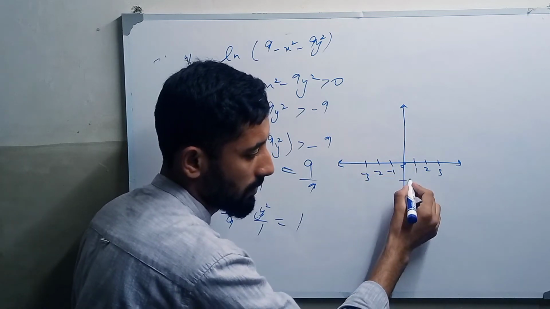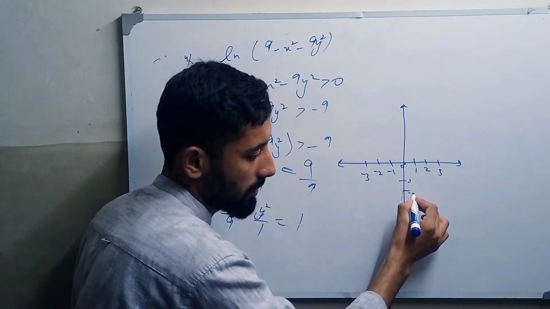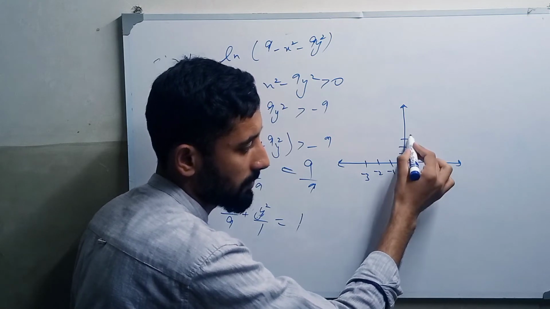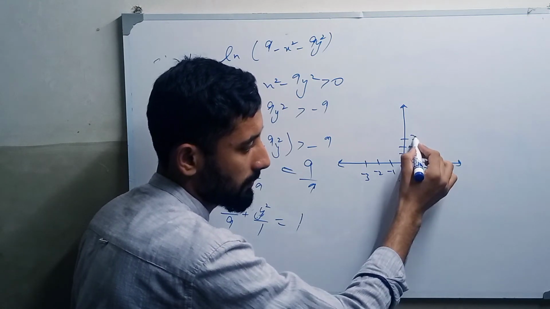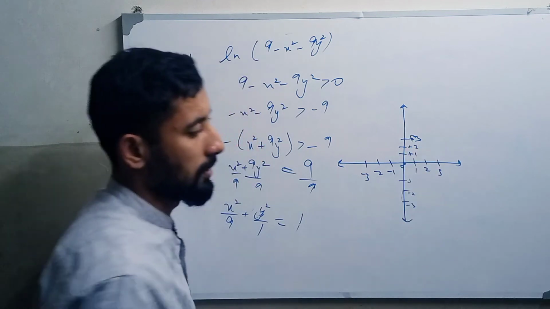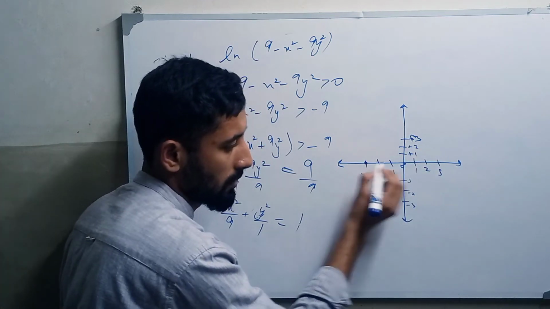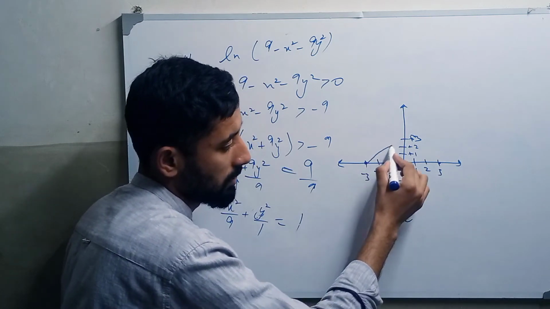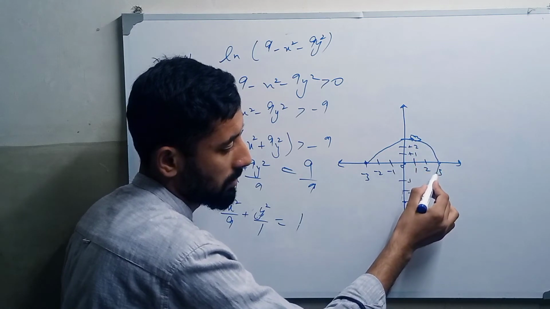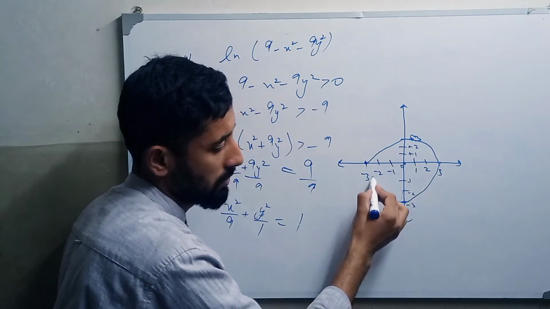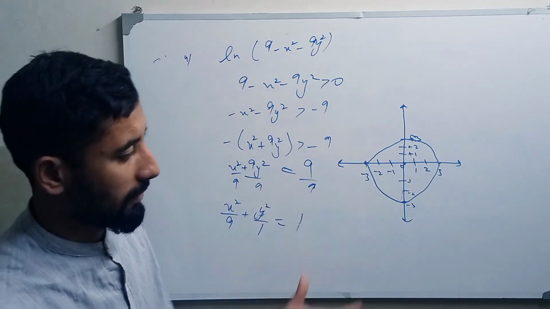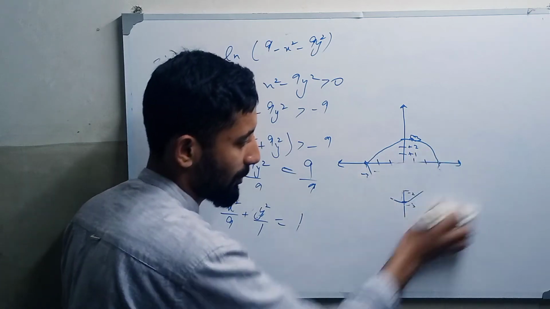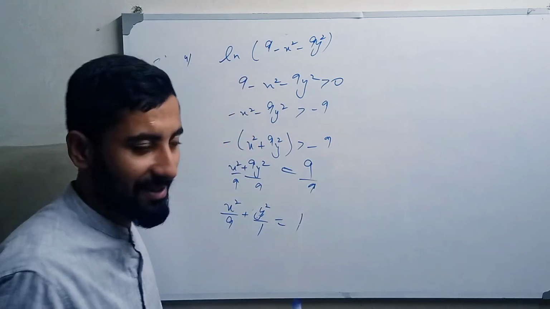-3, -1, -2, -3, +1, +2, and +3. So this is kind of an ellipse. I'll make it again because it doesn't look like an ellipse, it looks like a circle.